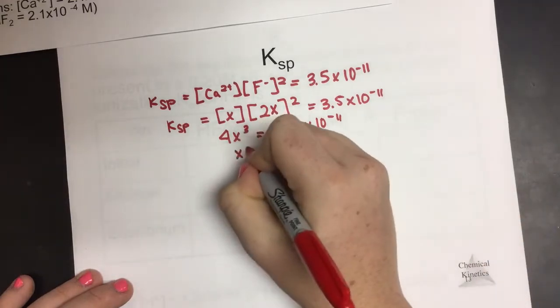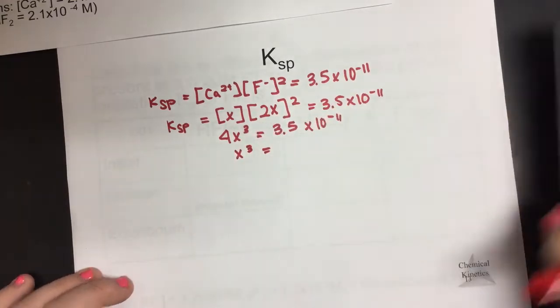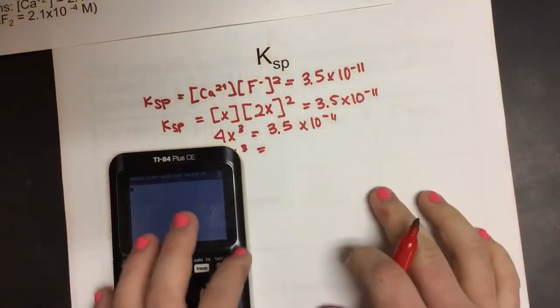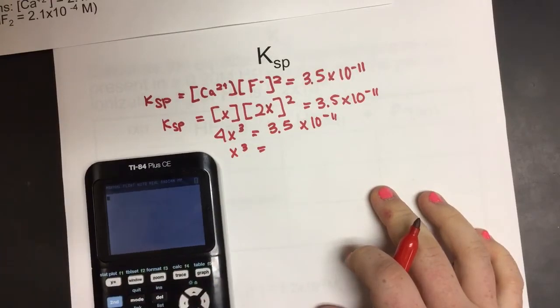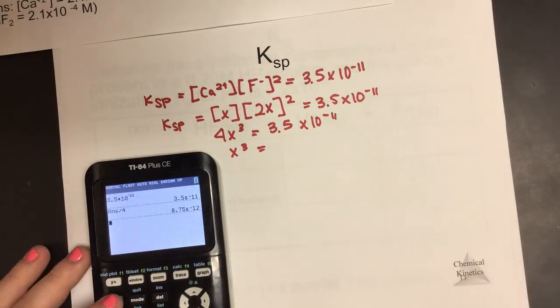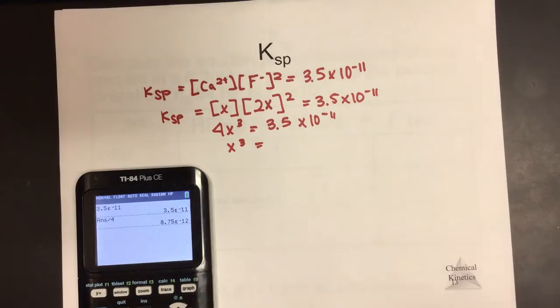So we'll start by dividing by 4, so that's x to the third equals 3.5 times 10 to the negative 11th divided by 4, and now we're going to take the cube root of that, which can also be done by raising it to the 1/3 power.